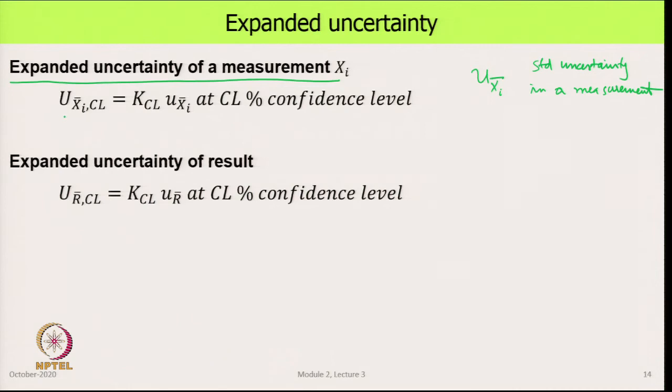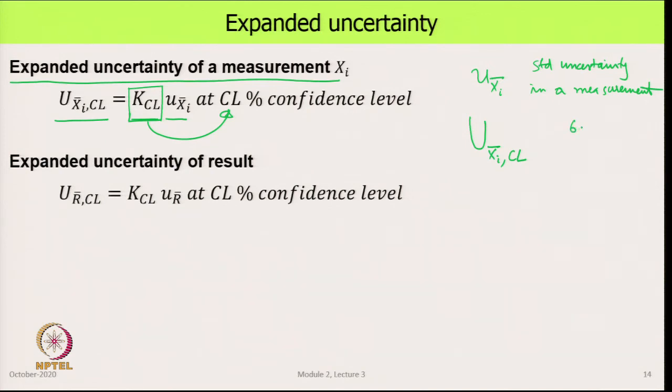And the symbol for that is capital U, and we are denoting the parameter, but we have added one more thing here which is CL. In a minute this will become clear when we see the right hand side of this equation: this is K_CL, a constant multiplied by the standard uncertainty in the measurement U_Xi bar, where this constant depends on the chosen confidence level.